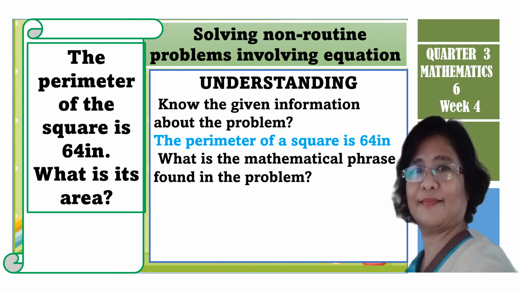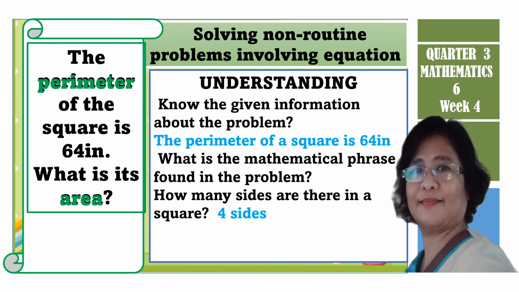What is the mathematical phrases found in the problem? We have the perimeter and the area, which means addition and multiplication. We also know that the square has 4 sides, and we are asked to find the area of the square.